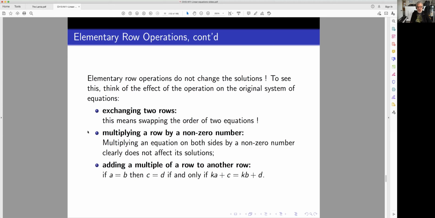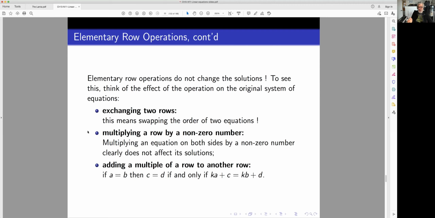So suppose I'm adding K times A to C and K times B to D. Since A is equal to B and C equals D, for sure KA plus C will be equal to KB plus D.